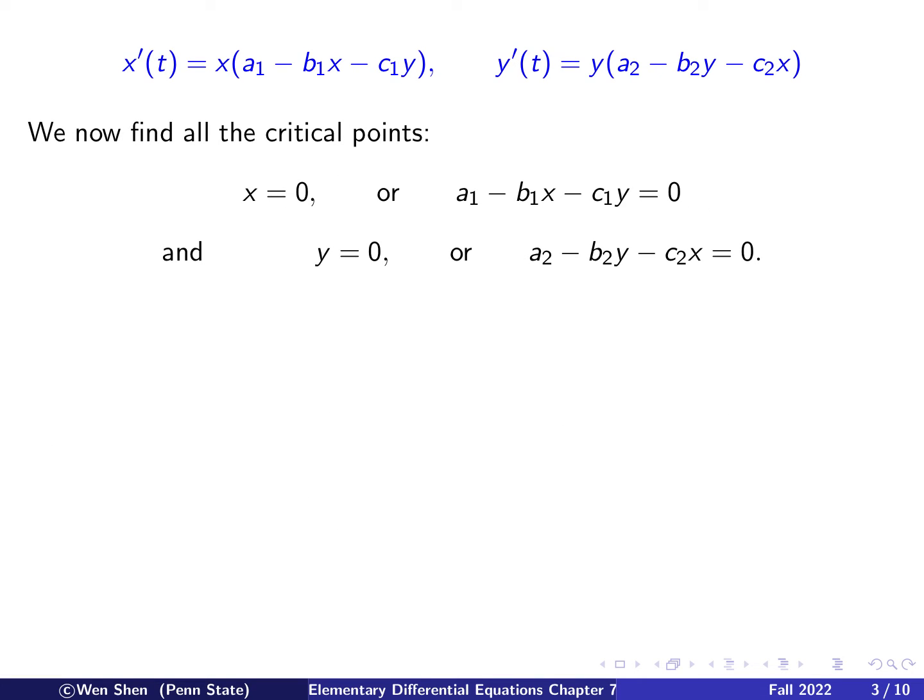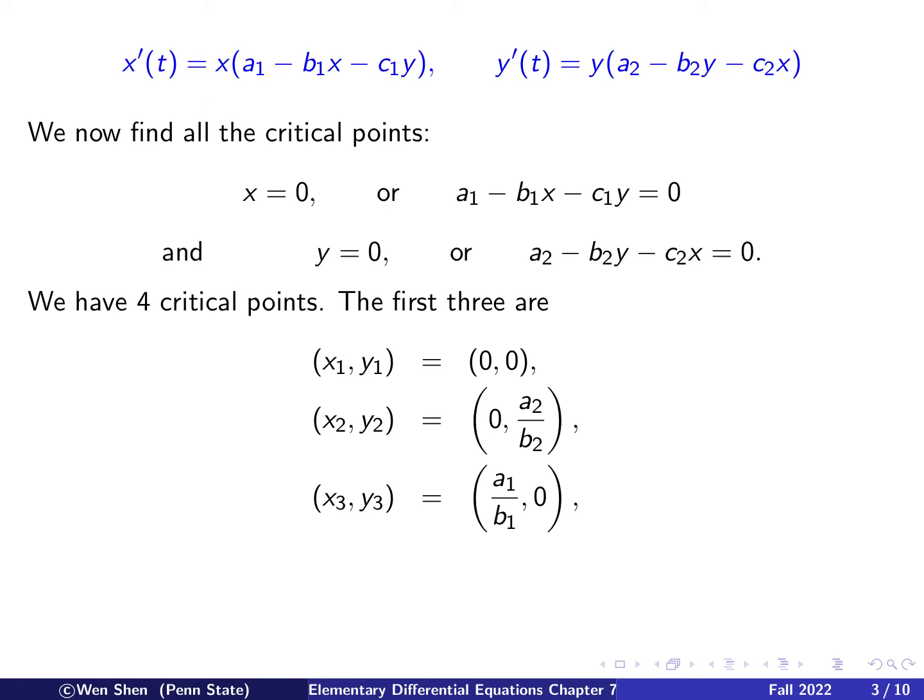Okay, now let's find the critical points for this system. So we know that for the first equation, we have x equals 0, or this factor is 0. And for the second equation, we have y equals 0, or this factor is 0. And then we can make 4 combinations.